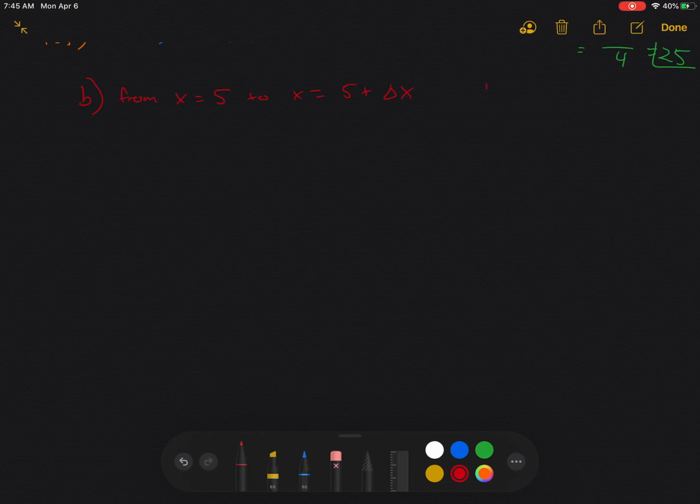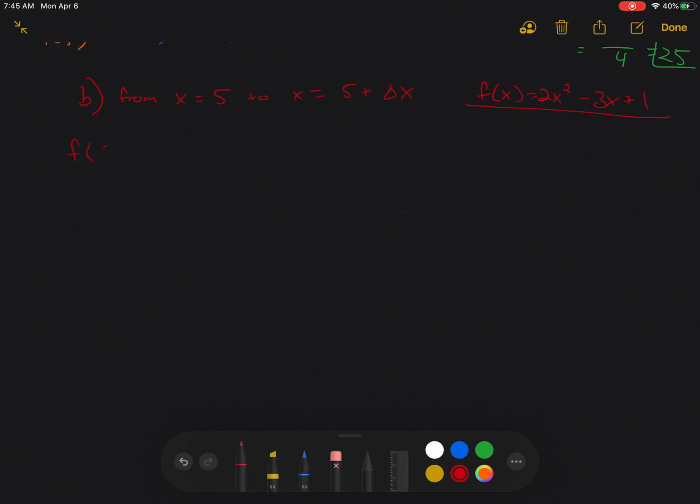So remember, our equation is also f of x equals 2x squared minus 3x plus 1. That's just from up top. So think about it this way. Let's just plug this straight into our average rate of change formula to start and look at it.